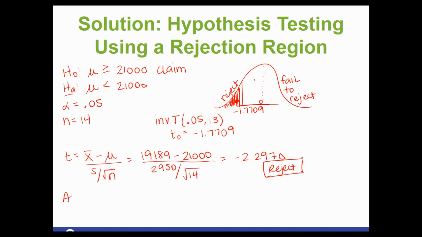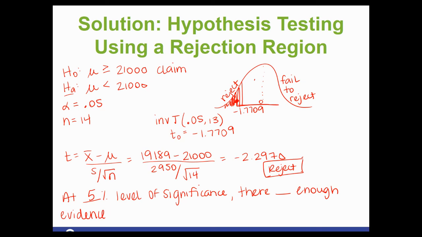So for our conclusion sentence, at blank percent level of significance, this is where we take our alpha and turn it into a percent. So 0.05 becomes 5%. There's blank enough evidence. This one is based on your decision.